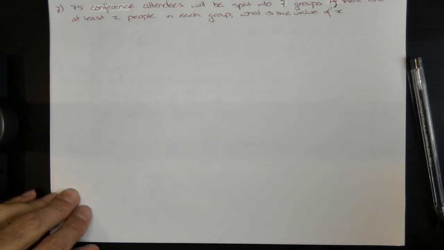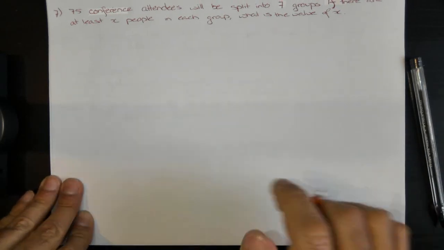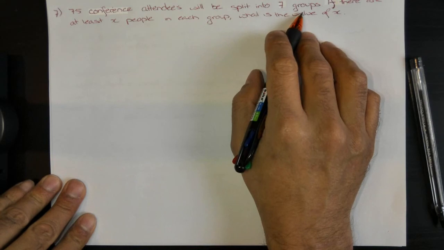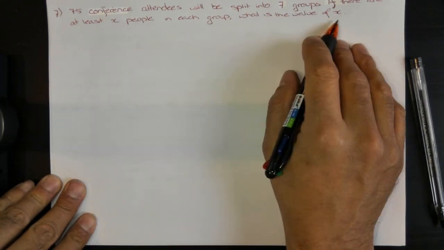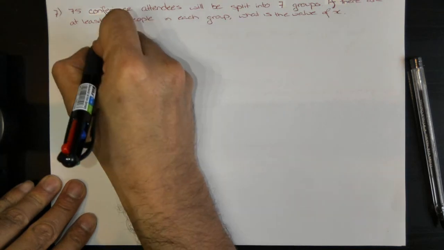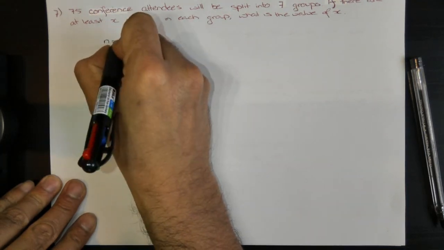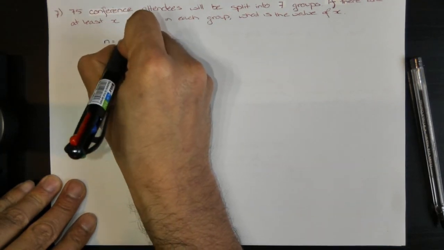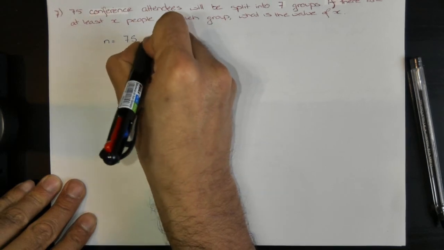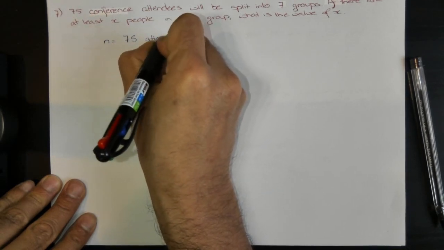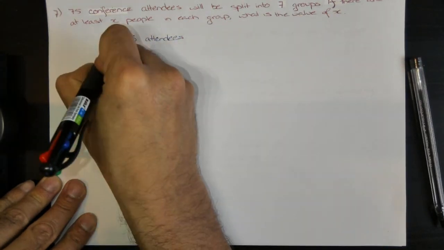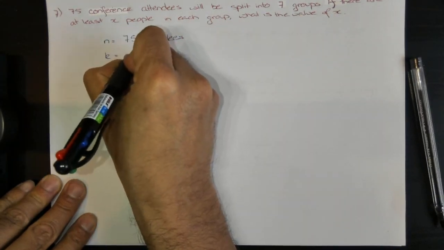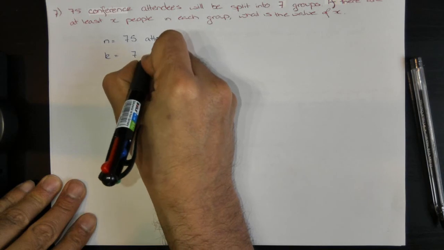Last question. We've got 75 conference attendees, and they'll be split into 7 groups. If there are at least X people in each group, what is the value of X? Okay, so here we have the conference people as being our pigeons. So there's 75 attendees. We're going to split them into 7 groups. So the K, or the pigeonholes, are the groups.